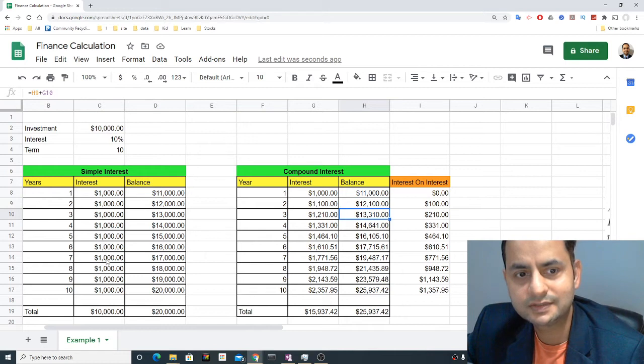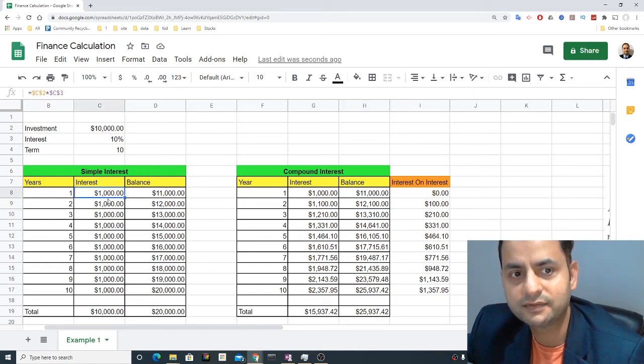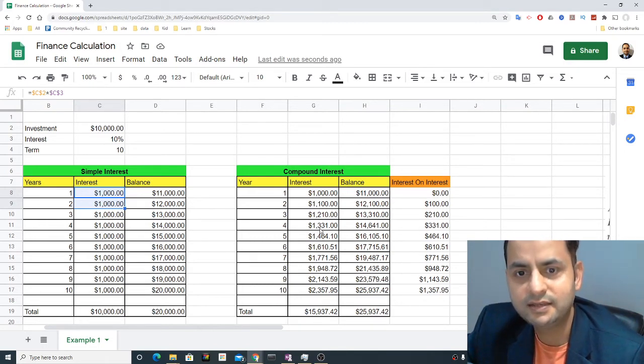The principal balance stays the same, but the extra money is also invested. In the first 2 years we invested $2,000 in interest plus the extra $100 from the first year's interest, because that's also money we invested, right?